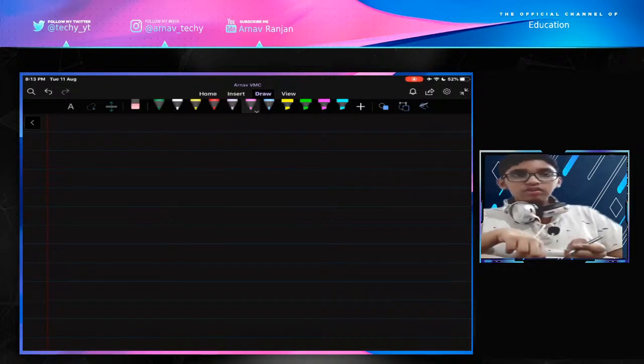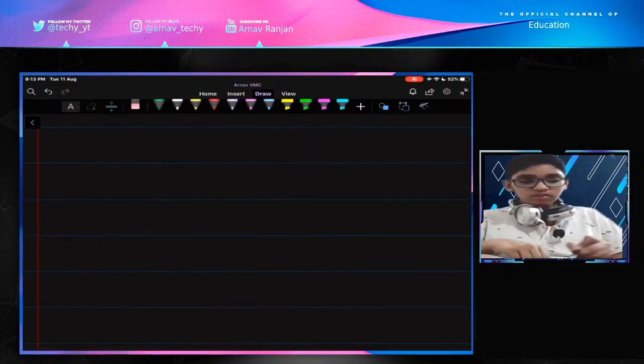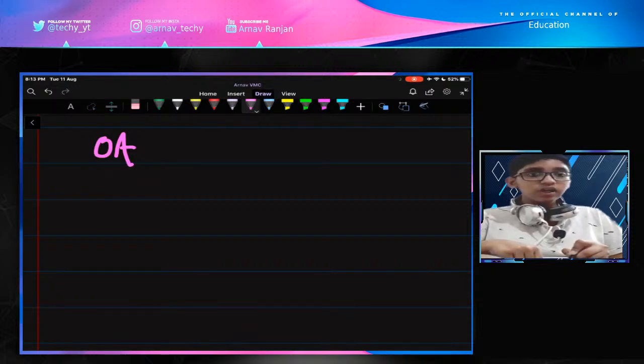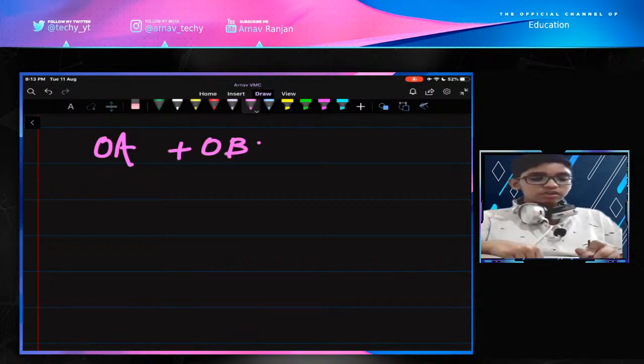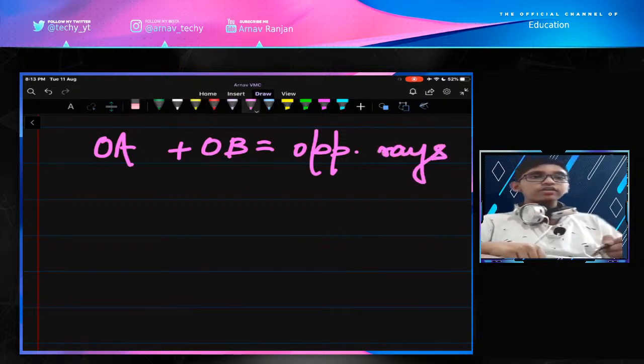I'll zoom in a bit. OA and OB are opposite rays, and O is the origin.